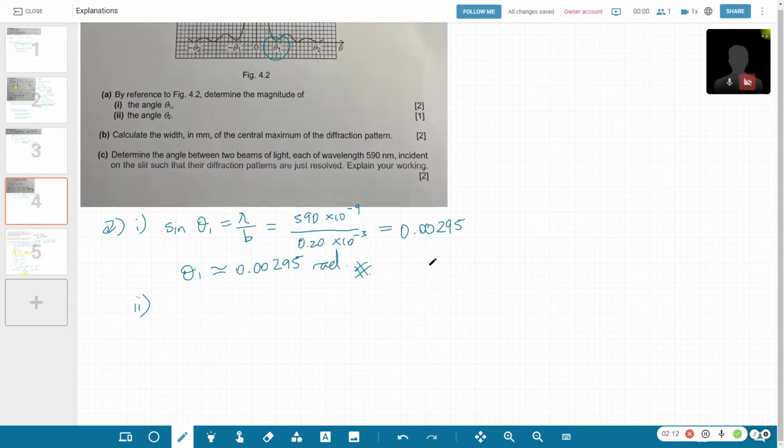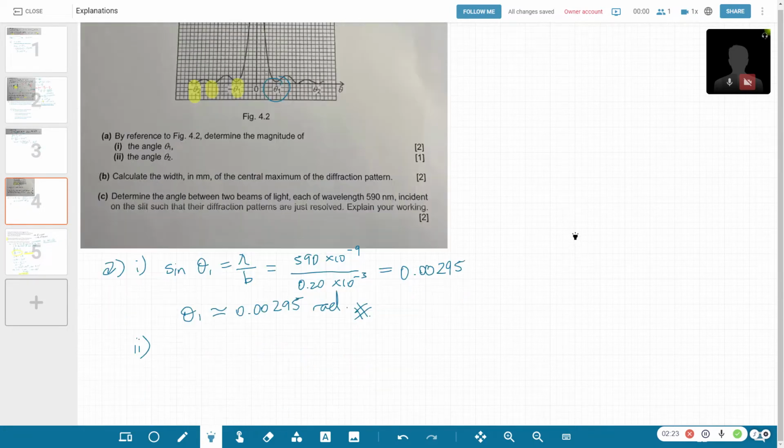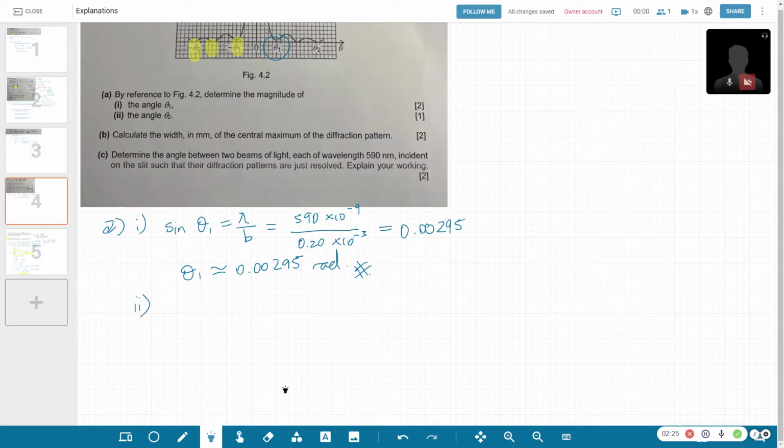Next one, theta 2. You'll see from this diagram that theta 1 is first order, and theta 2 is a third order. Now, this formula, generally sin theta equals m lambda over b, is not in the A-level syllabus, at least not in the Singapore syllabus.